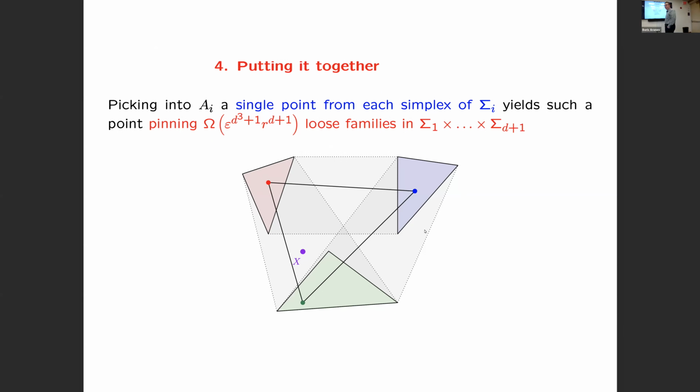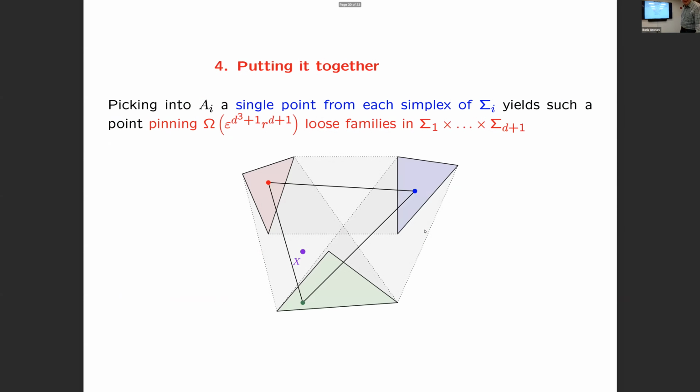So if you look at the complete d plus 1 partite hypergraph of loose families, so that any edge represents a loose family, and we choose one representative from every simplex, we are going to obtain such a d plus 1 colorful configuration of Karasev, and eventually find a point piercing many of the simplices connecting d plus 1 representatives, each time pinning some loose family.